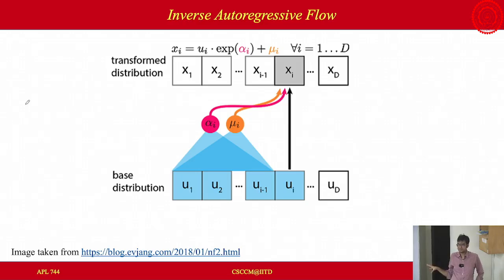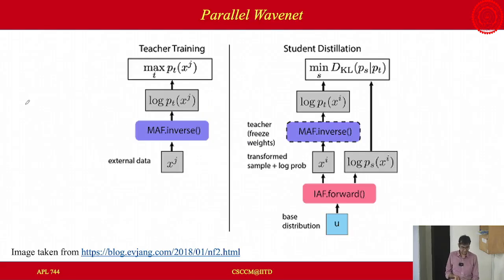Any question? What is the advantage of MAF? Training is faster. What is the advantage of IAF? Sampling is faster. Can we do something in between? How? That is exactly what Parallel WaveNet does. So it uses something known as teacher-student forcing, which is a concept in RNN, right?